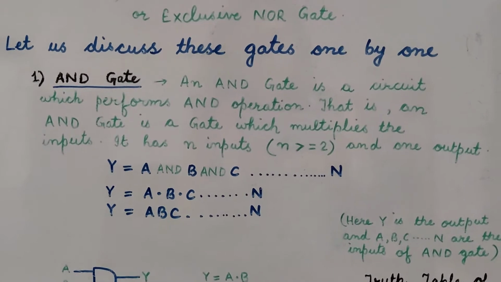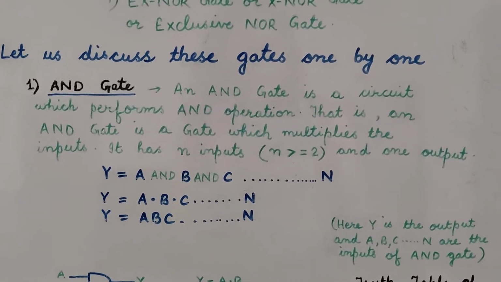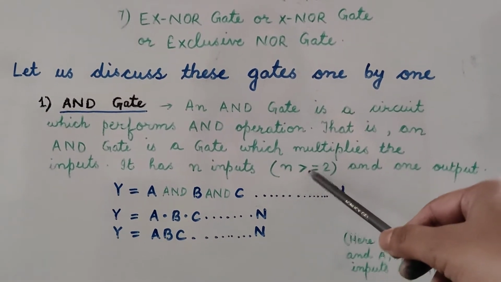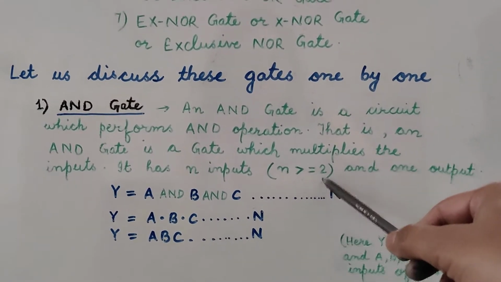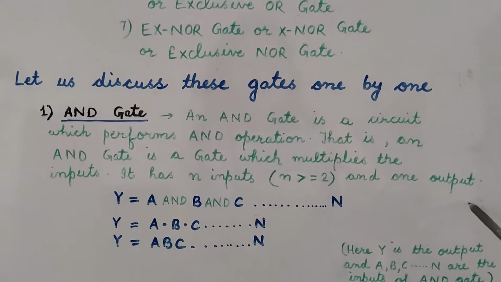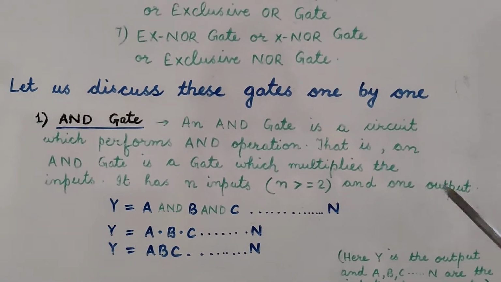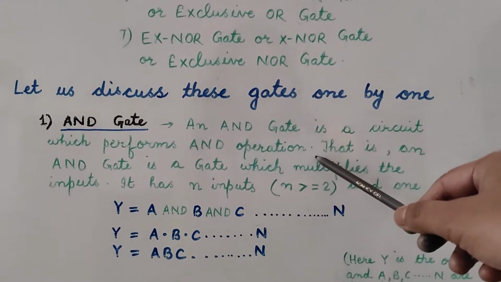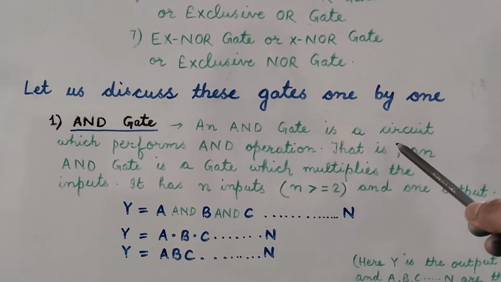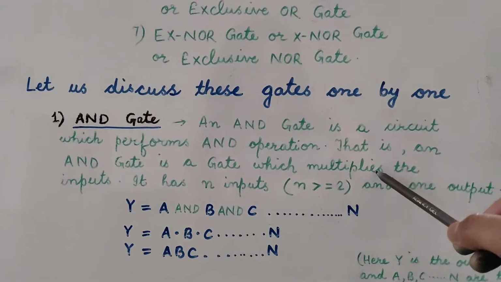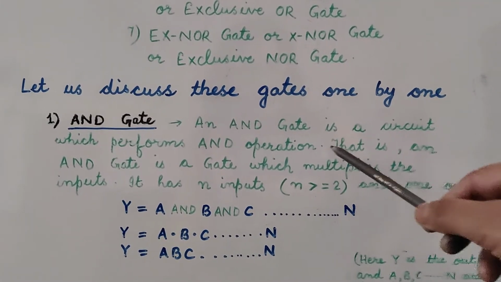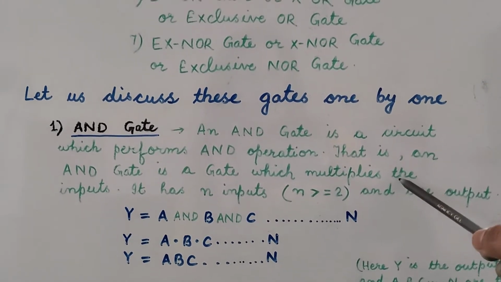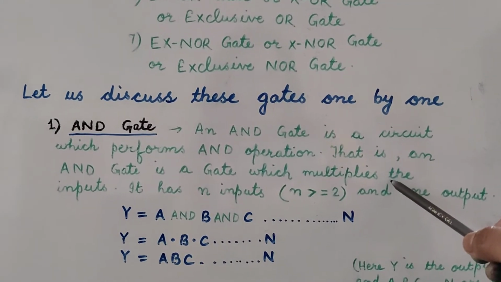So we can say that an AND gate is a circuit which has n number of inputs, where the value of n can be either equal to 2 or more than 2, but it will have only one output. And it is a circuit which performs AND operation, and AND operation actually means multiplication operation. So the output in case of AND gate will be obtained by multiplication of all of its inputs.